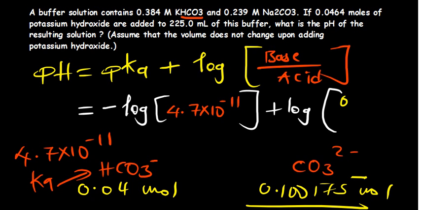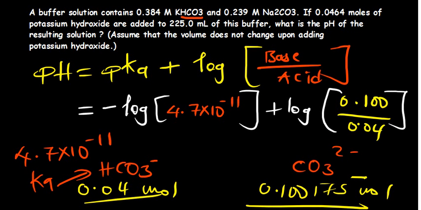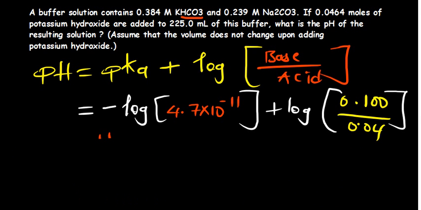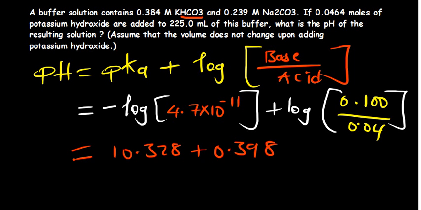So I'll say 0.100, and then I'll divide by our acid which was 0.04. So you can basically grab your calculator there and perform the calculations so we get to see the pH that we're going to have. So we have 10.328 plus 0.398 giving us 10.726 as our pH.